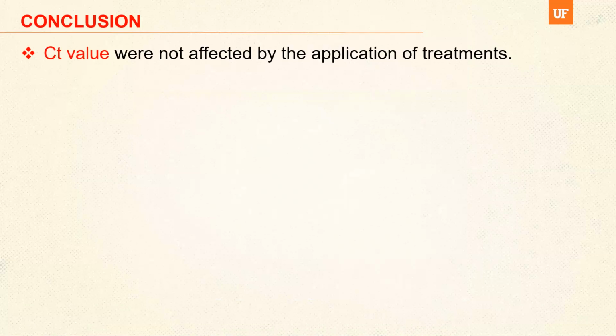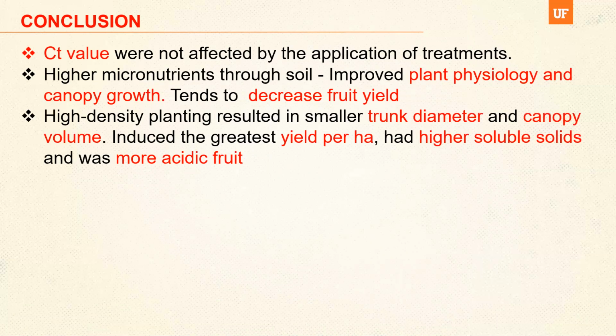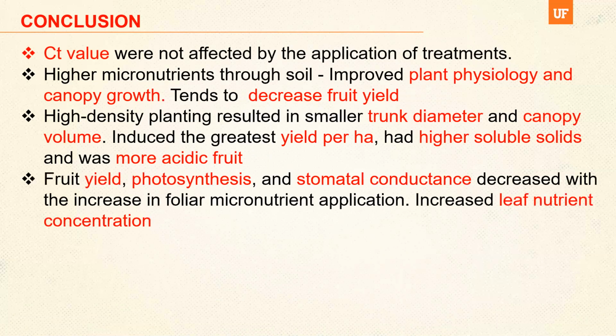So the conclusion of our study is that the CT value was unaffected by the application of treatments. A higher amount of soil application improved the plant physiology and improved the canopy growth at the expense of fruit yield. High density planting resulted in smaller trunk diameter and canopy volume, but greater yield per unit area with high soluble solids.